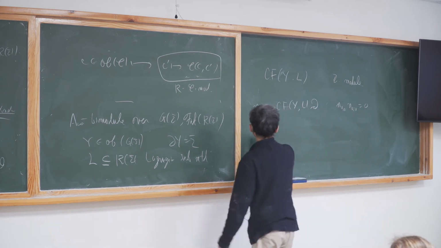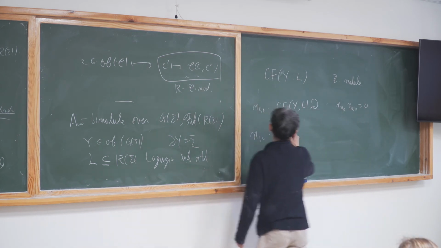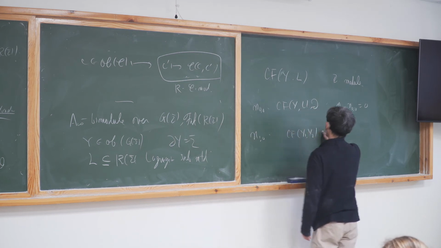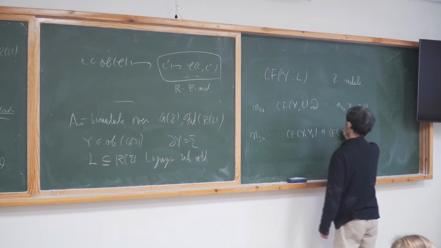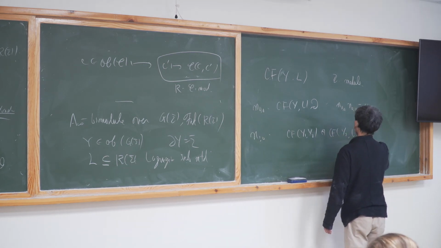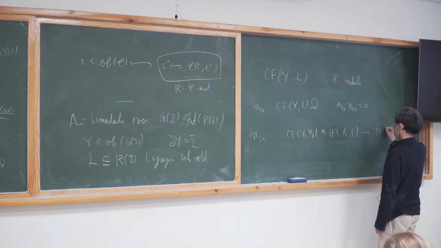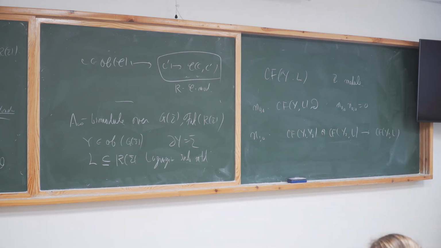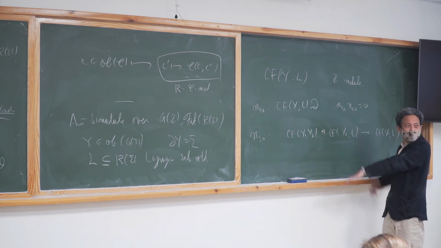And then N10 is something like the Floer chain complex of Y1, Y2 tensor the Floer chain complex of Y2, L, which goes to the Floer chain complex of Y1, L. I'm sorry. And there are many others, infinitely many operations.